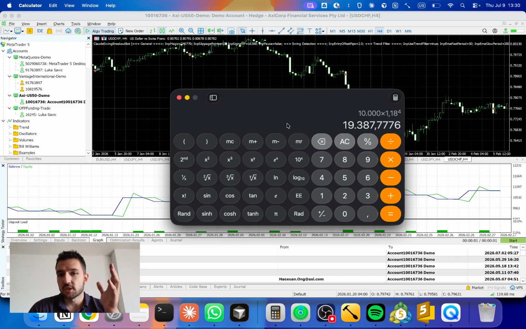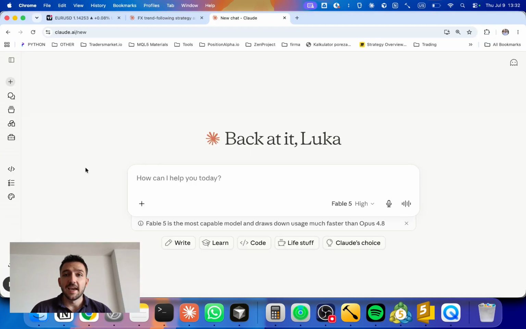If we would maintain these results, in the whole year we would make almost 100% return. So from $10,000, we would make $19,387. And this is if we keep our risk at 2%, which is very, very good. And that would be it.